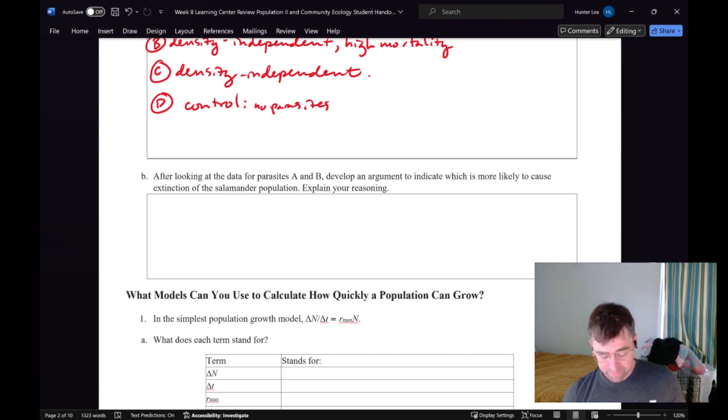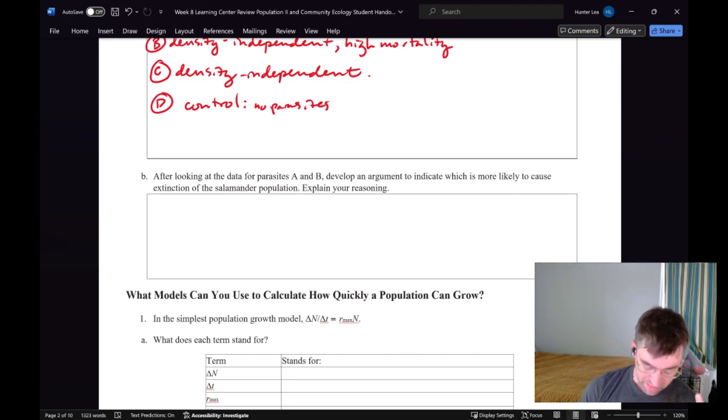That second parasite, parasite B, is far more likely to cause an extinction level event because it's killing 80% of the population, no matter what the population density is, and it's possible to reduce the numbers so low that the population can't rebound.